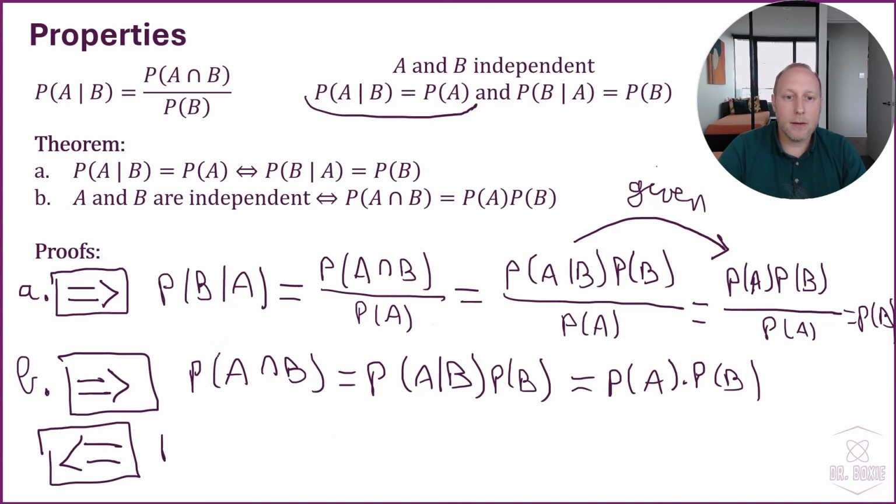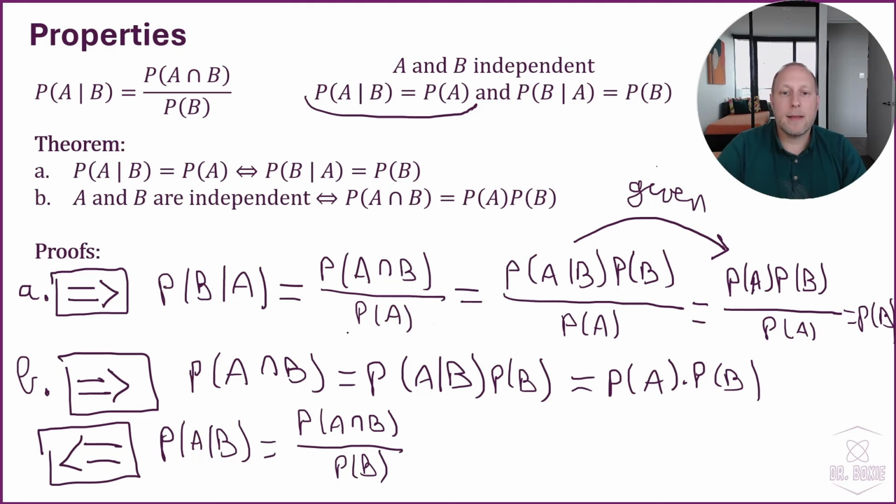Well, to do that, what is P of A given B? Well, that is P of A and B divided by P of B. And we are given this time that P of A and B can be written as P of A times P of B. So we have P of A times P of B, and the division by P of B remains.